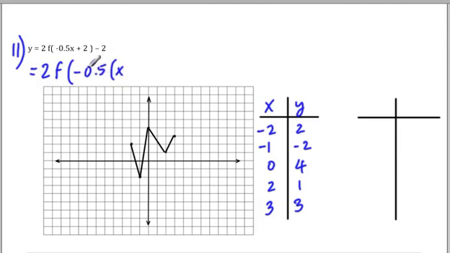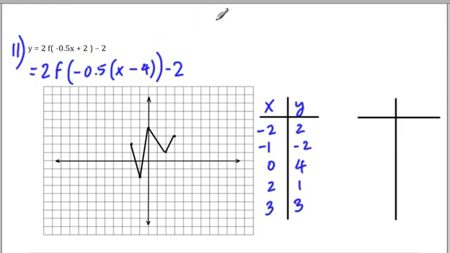Now, negative 0.5 times what will give you positive 2? That is actually going to be negative 4, because negative 0.5 times negative 4 is positive 2. So then we close the bracket there and we have the minus 2. Okay, so it's factored. It's extremely important that you factor first before you start doing any of the transformations.